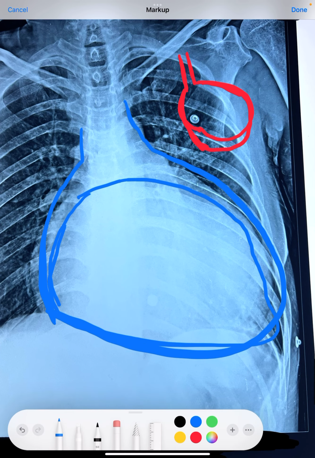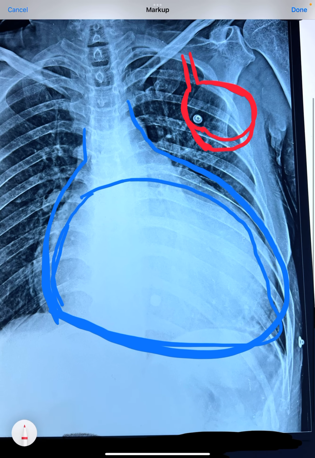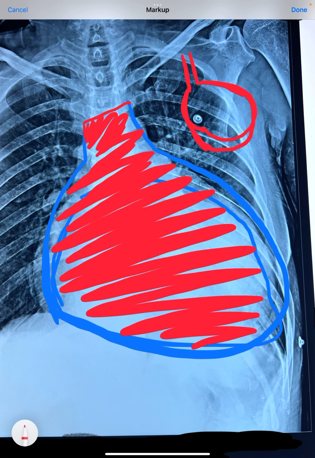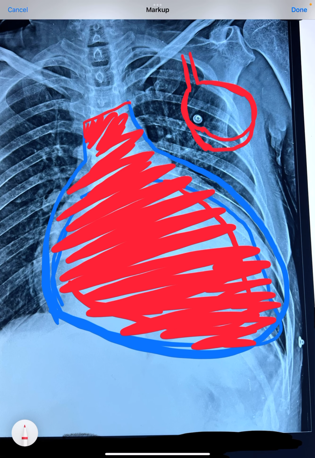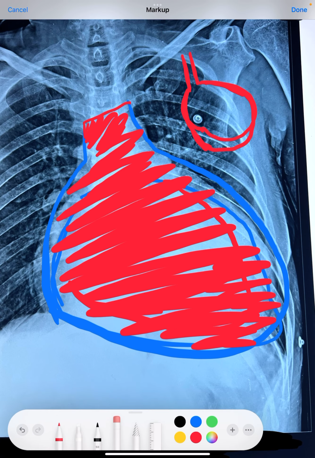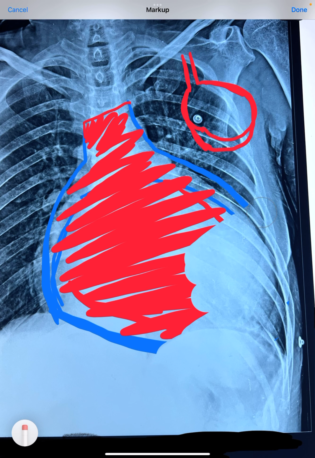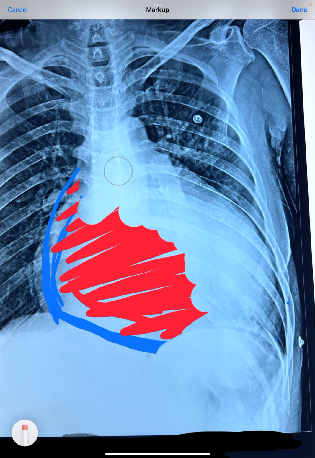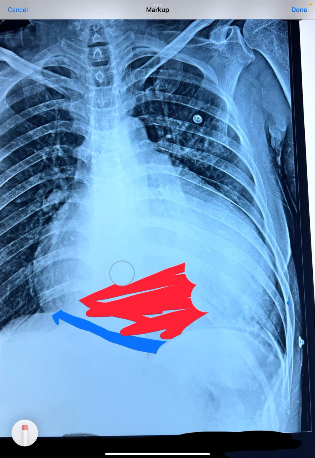The water bottle, which is used in deserts for drinking water, keeping water, or storing water, has the same structure. So this is the typical water bottle sign, and this enlarged cardiac silhouette with globular cardiac margins is a very typical sign of a massive pericardial effusion.